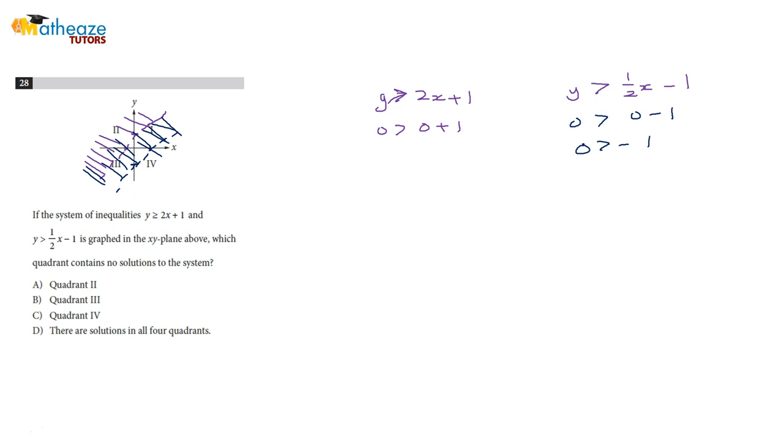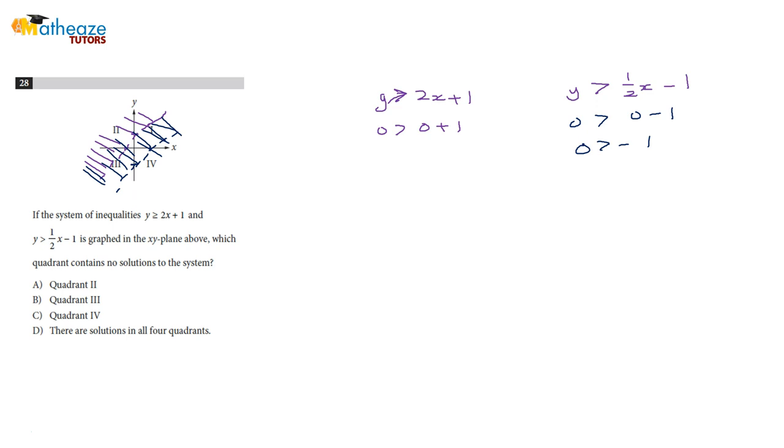So if you look at the first one, you have points in quadrant 1, 2, and 3, but no point in quadrant 4. But for the second one, you have points in quadrant 1, 2, 3, and 4. So you have to have an intersection, and you can see here that because it's a system, quadrant 4 does not represent the system.